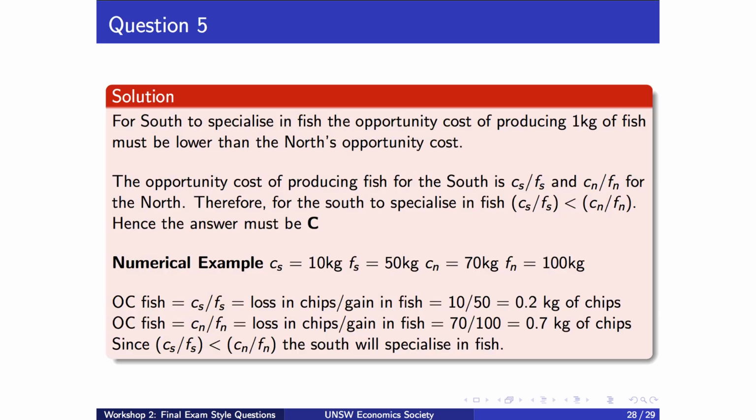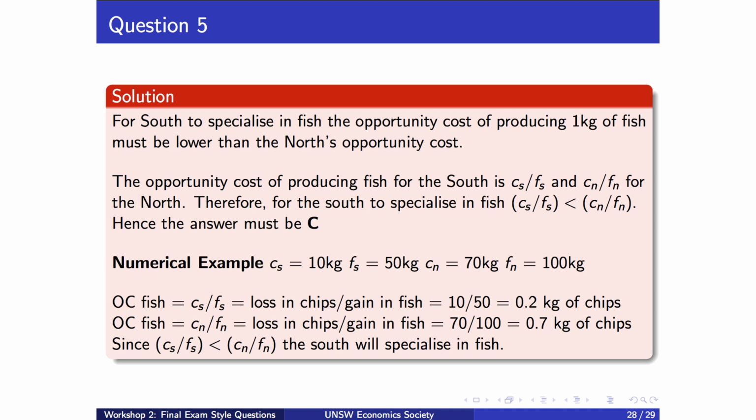For the south to specialize in fish, the opportunity cost of producing 1 unit of fish must be less than the north's opportunity cost of producing 1 unit of fish. The opportunity cost of fish for the south is given by Cs over Fs, and Cn over Fn for the north. Therefore, for the south to specialize in fish production, option C must be correct.